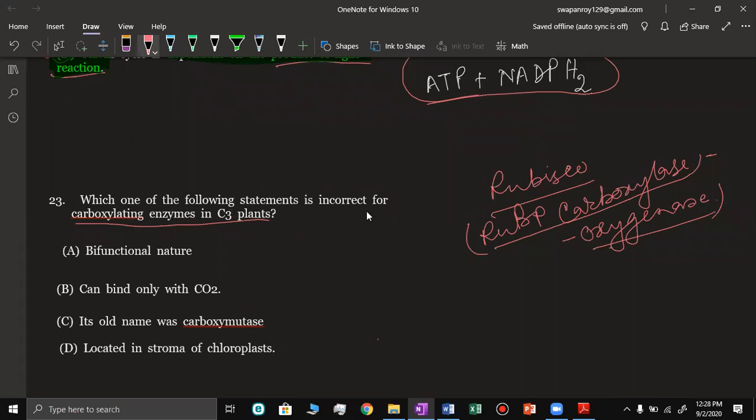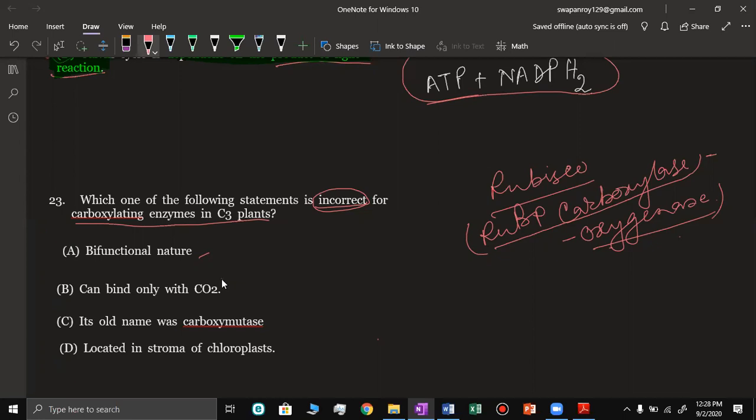Which of the following statements is incorrect about this carboxylating enzyme? Bifunctional nature: this is correct. Rubisco functions as a carboxylase as well as an oxygenase. Can bind only with carbon dioxide?